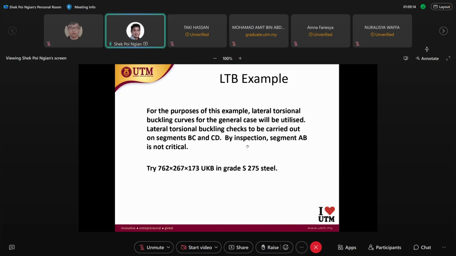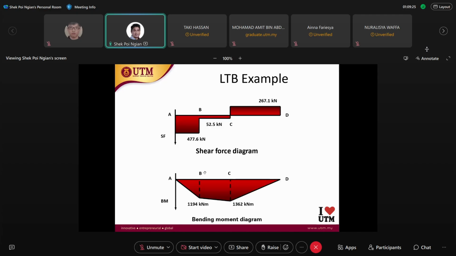So what does this statement mean? We use the general case and check segments BC and CD. We design only segment BC and segment CD. Why? Because the bending moment diagram for segment AB is similar in shape to CD; both are triangles.